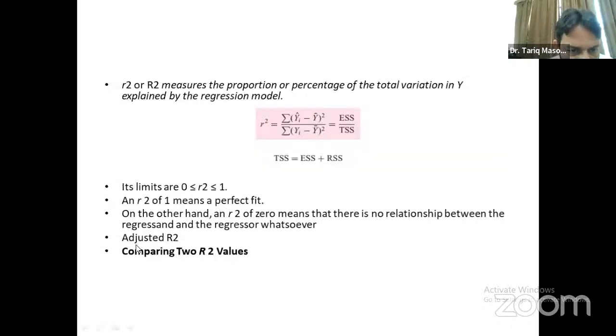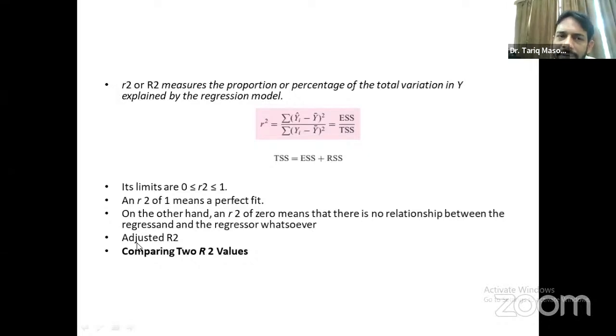Now next there is a concept of adjusted R square. In a number of research papers or in software output, you will find the value of adjusted R square. Now what is adjusted R square? There is one problem with using R square as a measure of goodness of fit. Once we start adding additional regressors, suppose you have a very simple regression framework where y is dependent upon only one x, then you add one additional x.